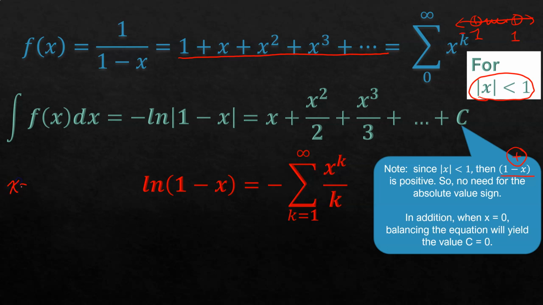So when x is -1, the series that we have is negative, and that would be -1 to the k power over k, and that is an alternating harmonic series. And alternating harmonic series converges, right?